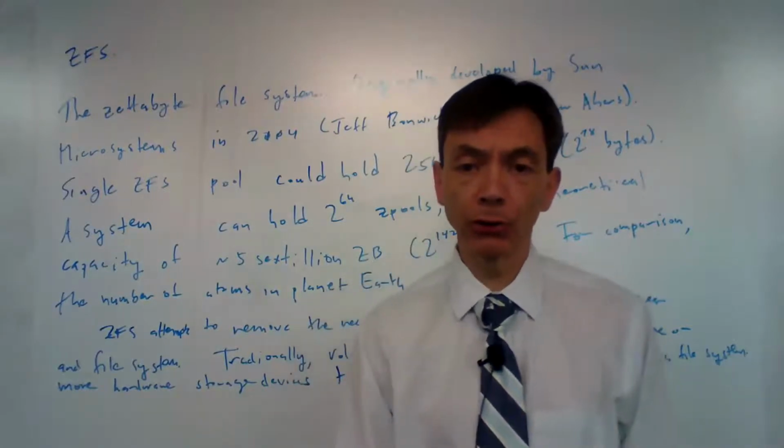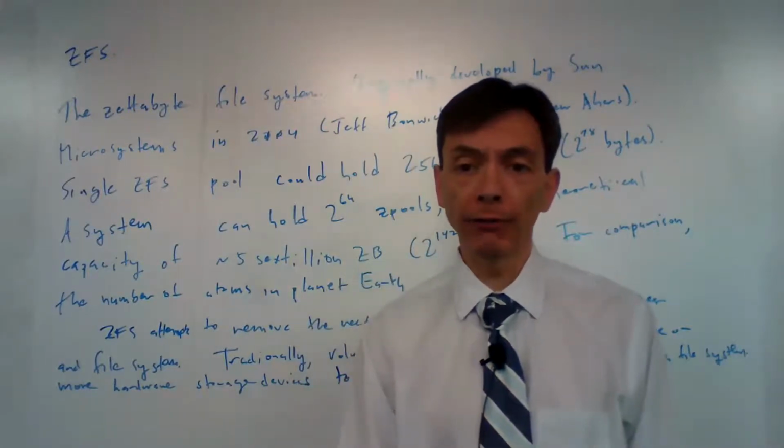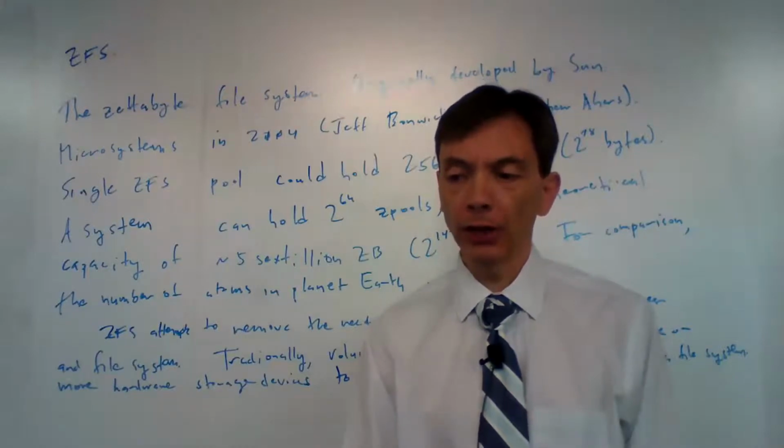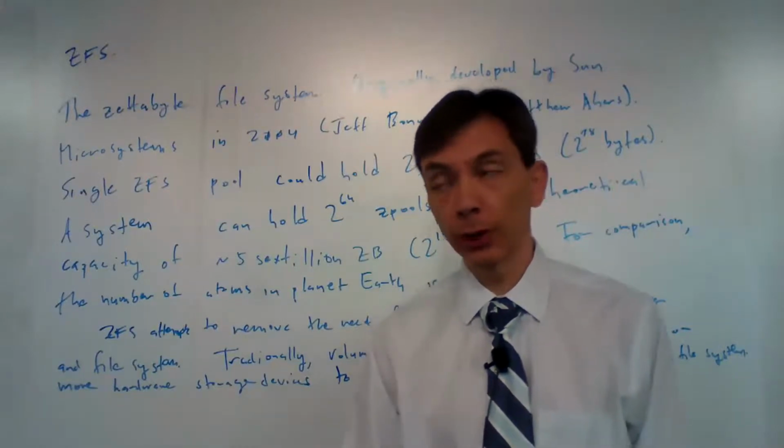The operating system would just suddenly see, oh, we have more space than we used to. Awesome, I can start using that. And even with RAID, you can't really do that easily, but with ZFS, you can.